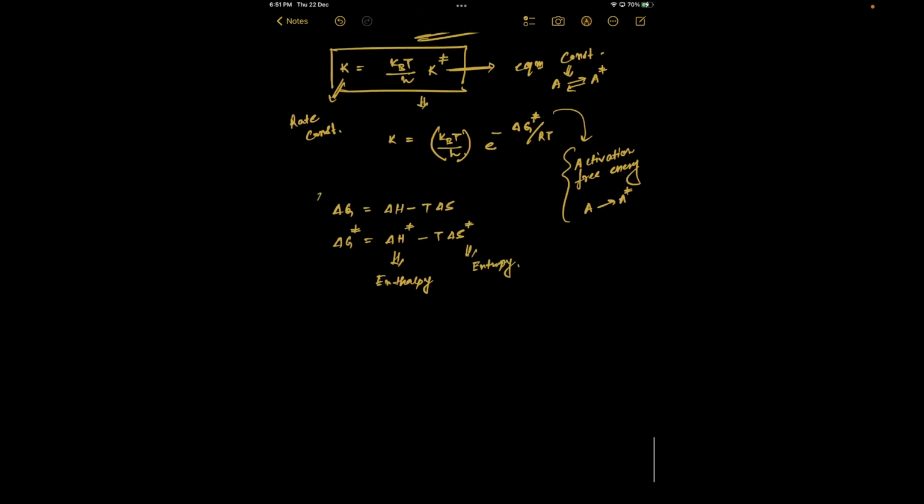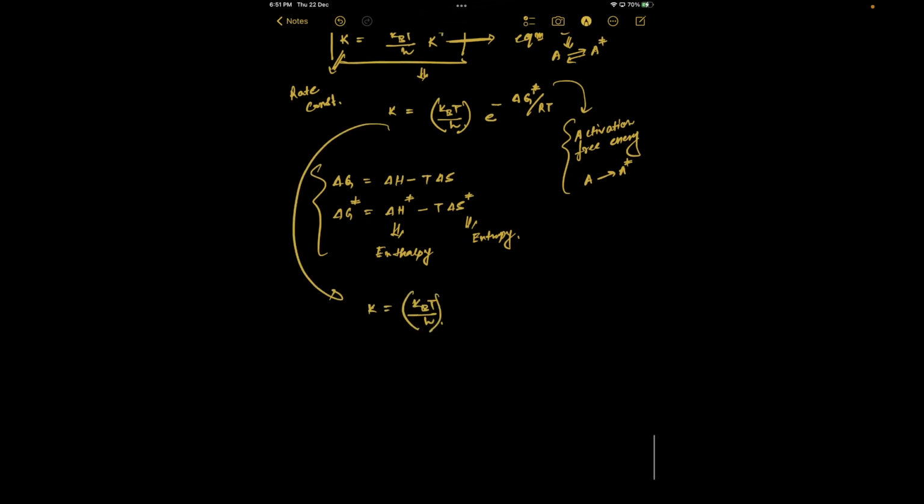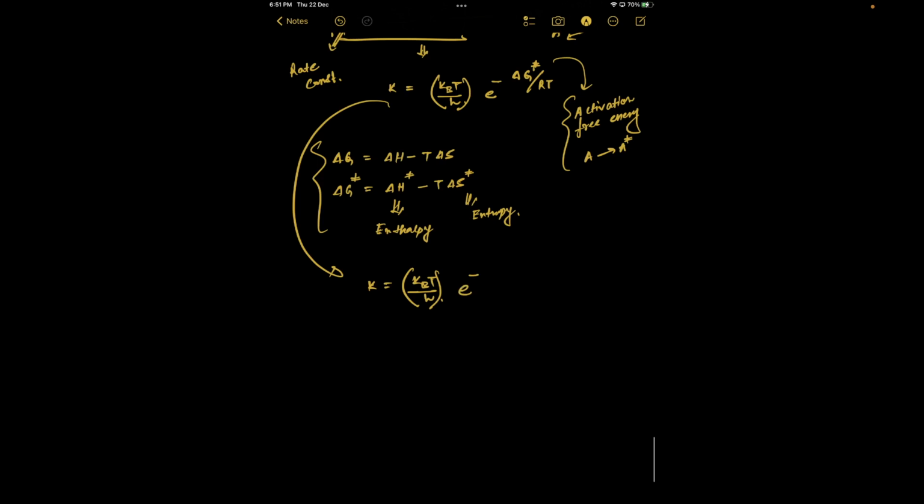So for this expression we can write k equal to kBT by h, exponential plus delta S double dagger by R, times exponential minus delta H double dagger by RT, right?